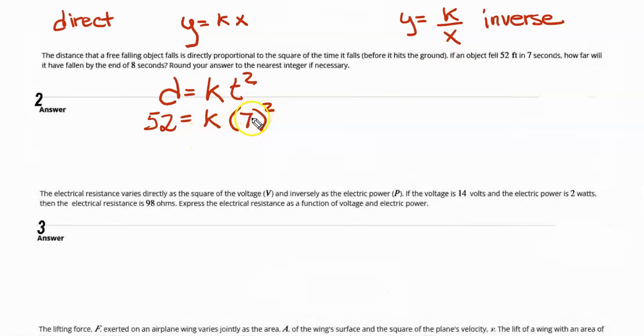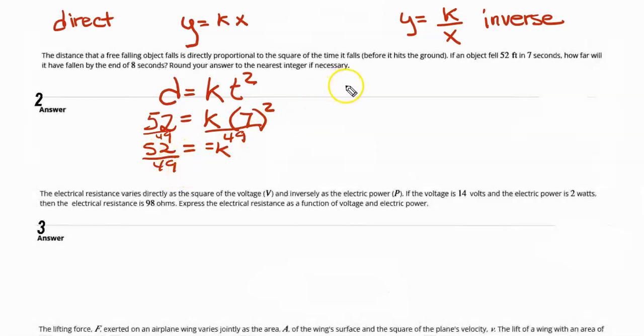So keep in mind we're going to square this. We can probably do this here, 52. 7 squared is 49, so we're going to divide both sides by 49 here. So k then equals 52/49.